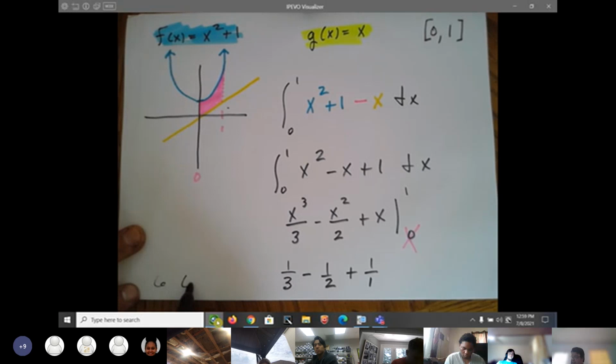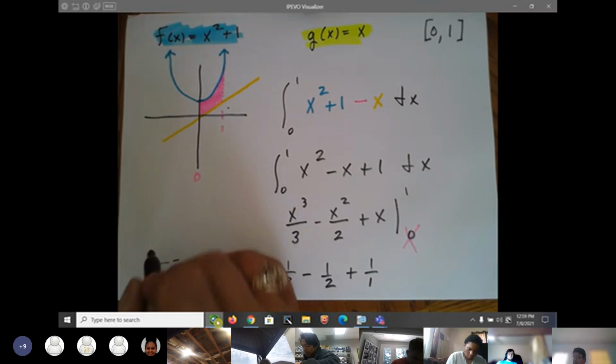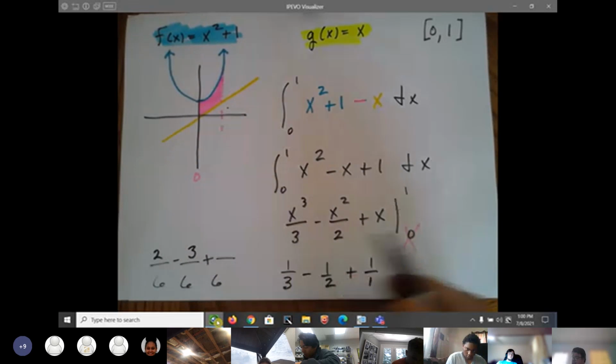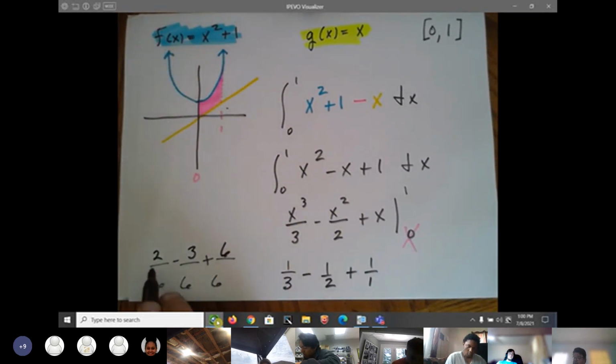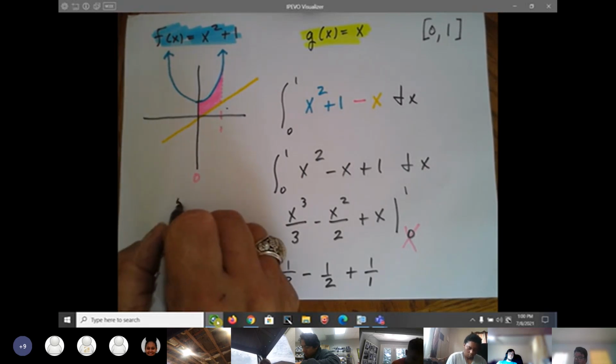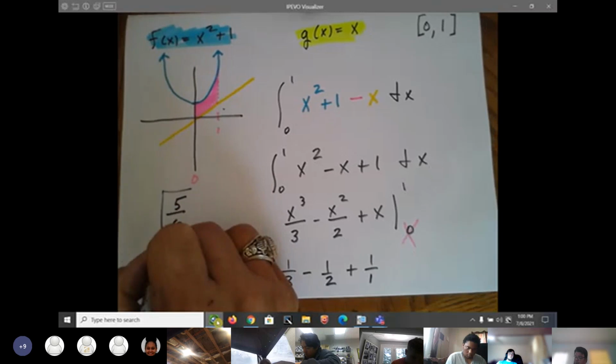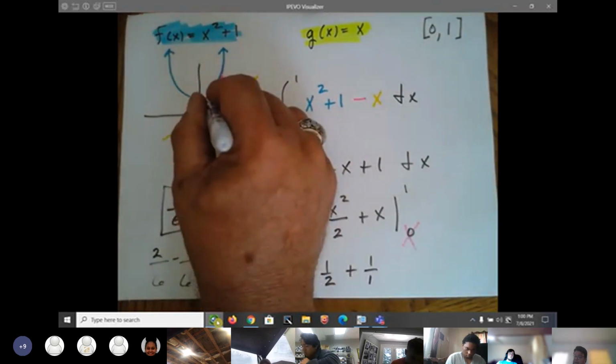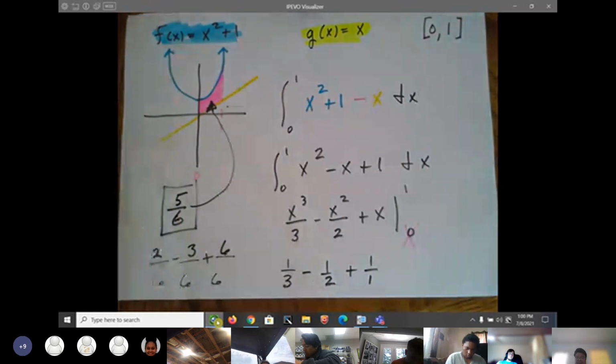And 6, 6, 6. 3 will go into 6 two times, 1 times 2 is 2. 2 will go into 6 three times, 1 times 3 is 3. 1 will go into 1, 6 times 1 is 6. 2 minus 3 is negative 1, plus 6 is 5 what? So that area is equal to 5/6 square units.